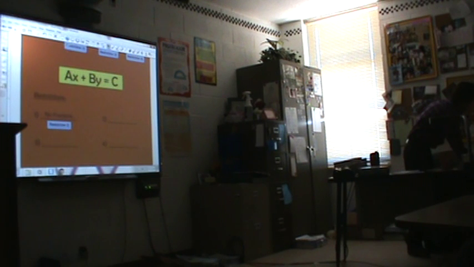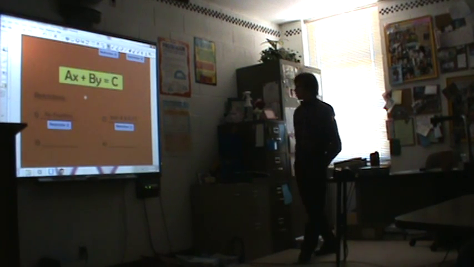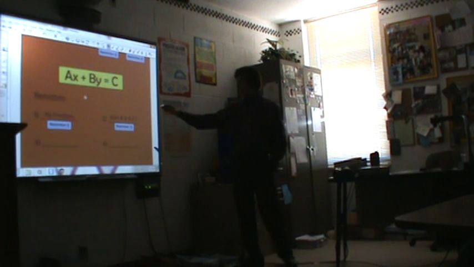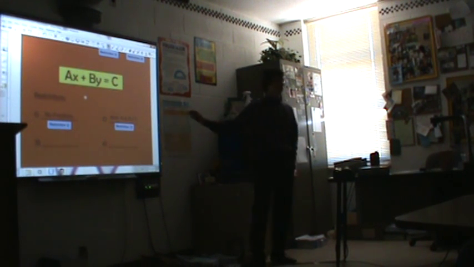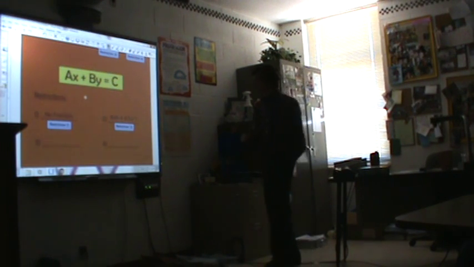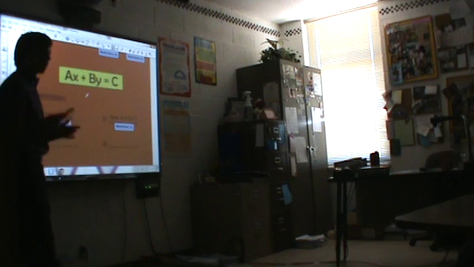The second restriction we have for standard form is that both A and B cannot equal 0. And this may be the most notationally heavy restriction. All this means is that if A equals 0, B can't equal 0, and vice versa. If B equals 0, A can't equal 0. In fact, we've already looked at some examples where either A or B equals 0.